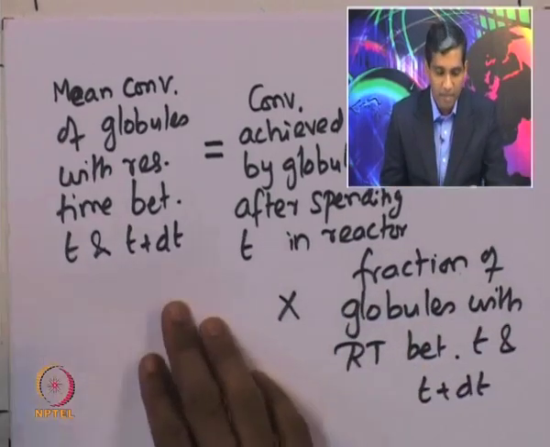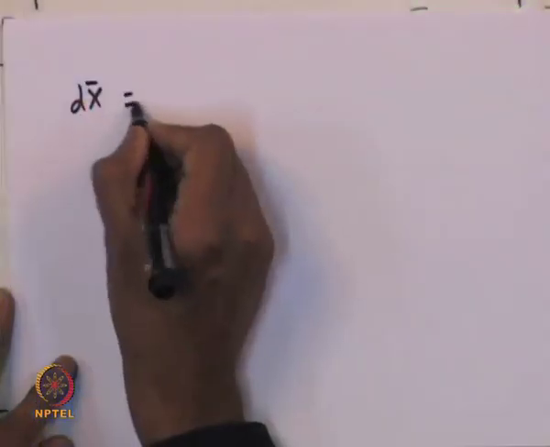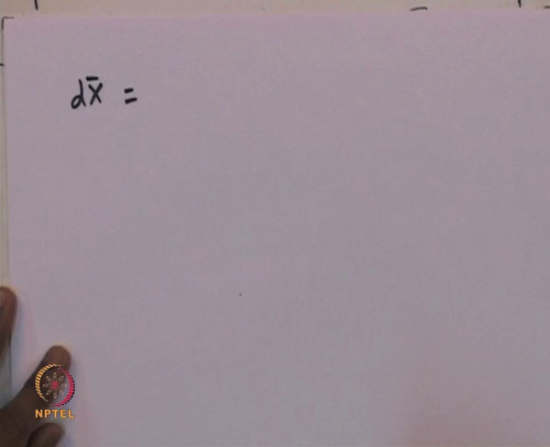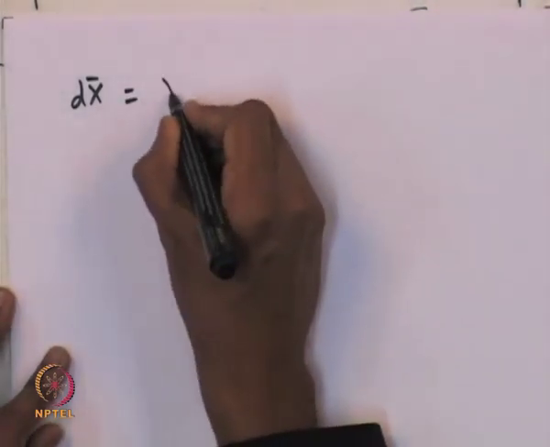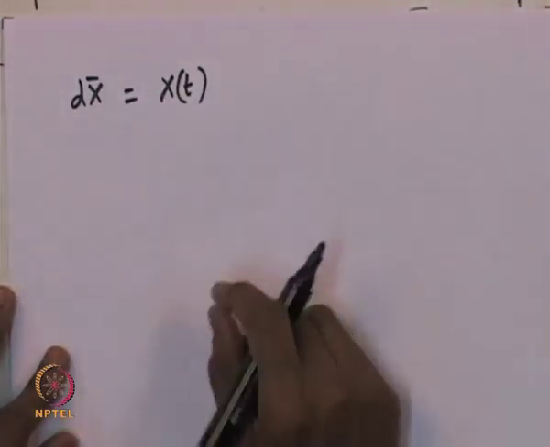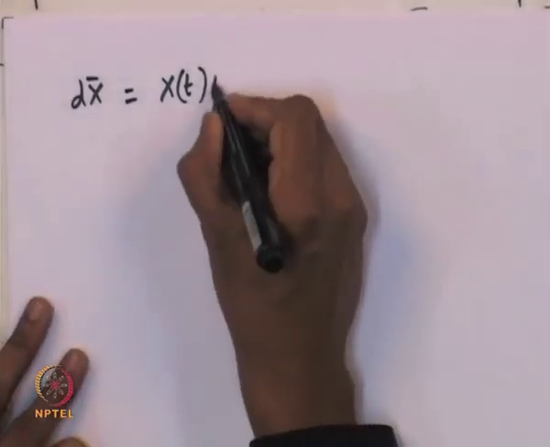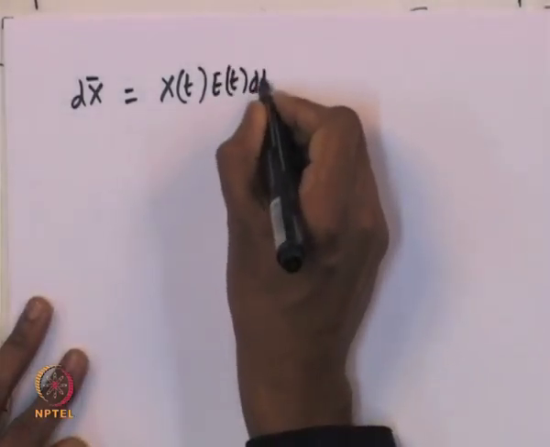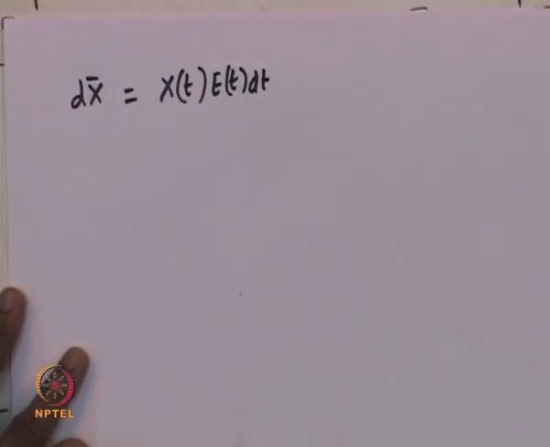Now, if we put the corresponding expressions for each of these terms, we find that d x bar, the mean conversion of globules whose residence time is between t and t plus delta t, is equal to the conversion achieved by a globule after spending that time in the reactor, multiplied by the fraction that has an age between t and t plus delta t.